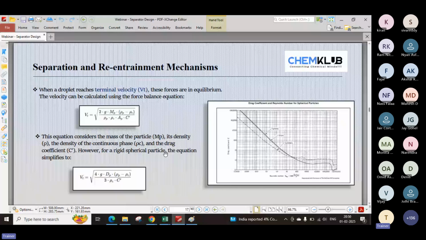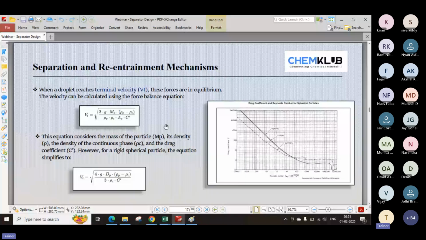When your droplet achieves terminal velocity, the forces like buoyancy, gravitational and drag are altogether in equilibrium, and that velocity is calculated for a spherical liquid particle by using this formula. This has been given in the GPSA, that is Gas Processing Suppliers Association.